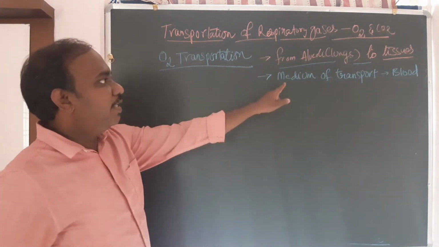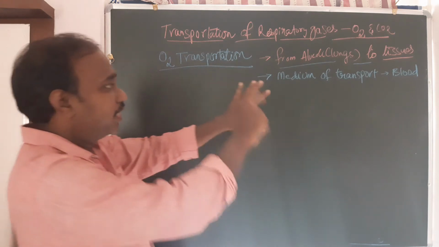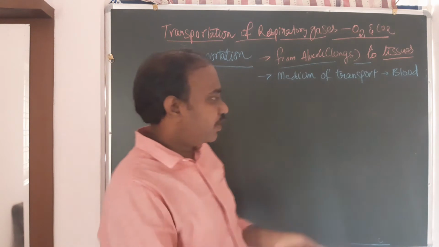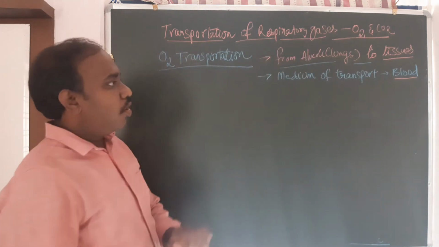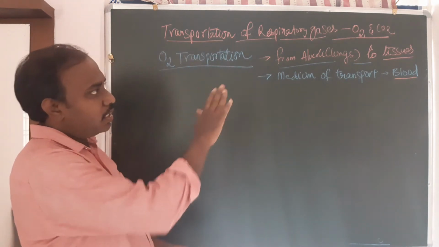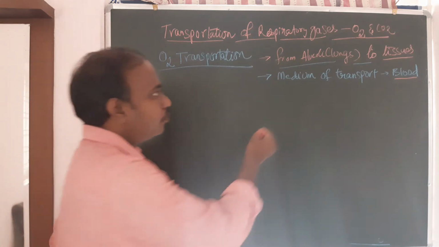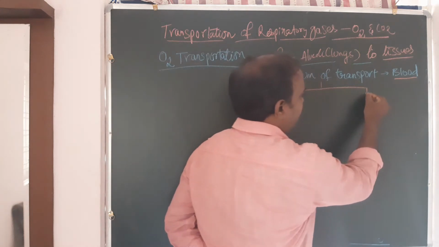Blood is the medium of transport for oxygen. So how is it transported in the blood? In the blood, the oxygen is transported by two methods.